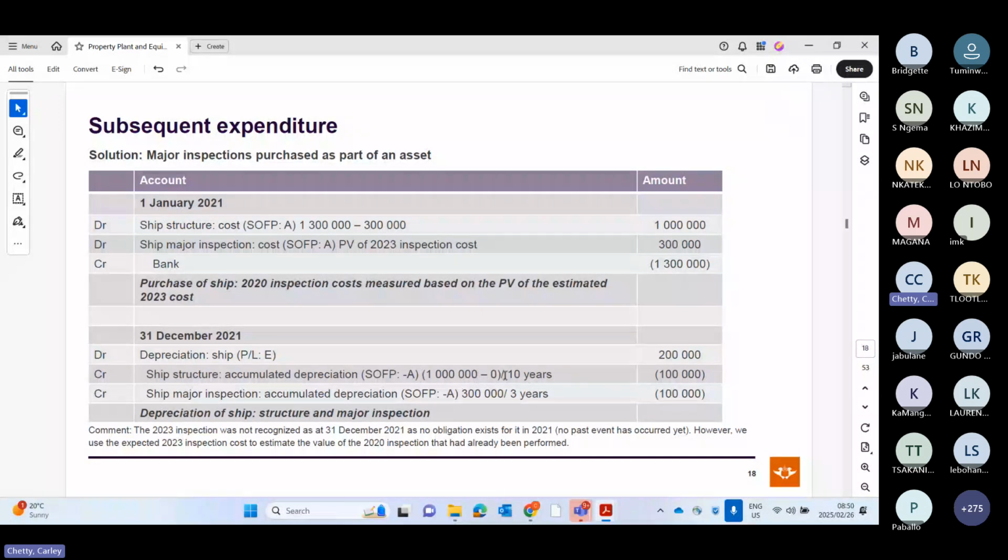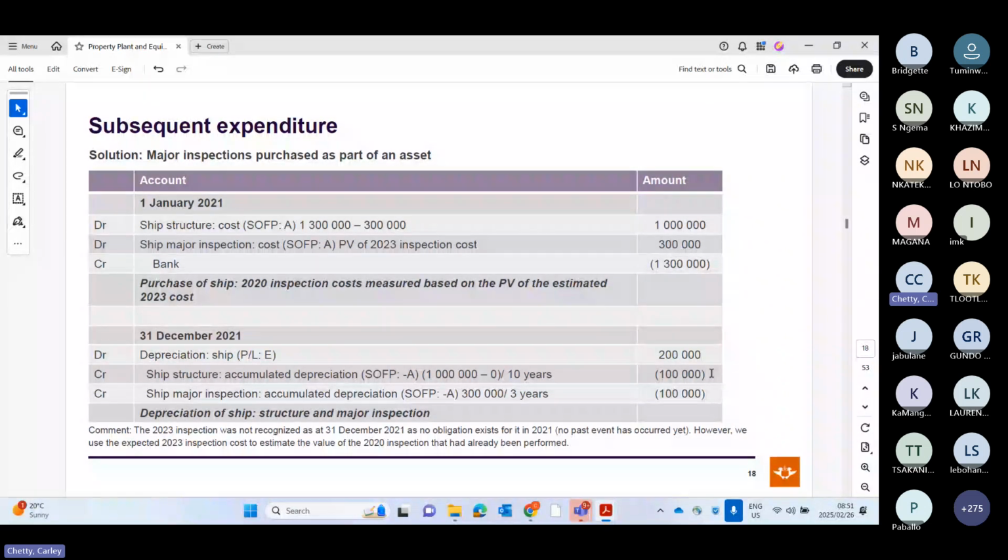Then we have the ship major inspection. So we said the ship major inspection was valued at 300,000 on acquisition date, and it has a useful life of 3 years. So the ship inspection was done on 31 December 2020, which was a day before the asset was purchased. So it has a remaining useful life of 3 years.